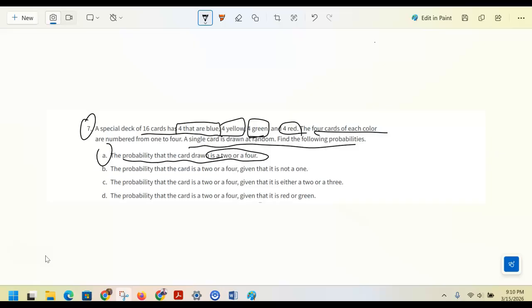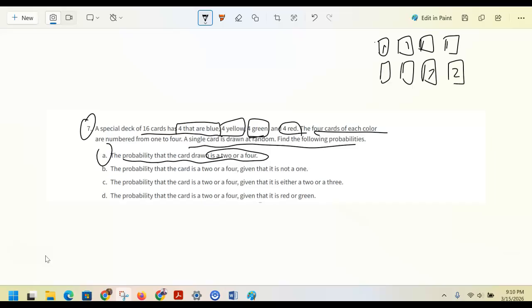That means if I have this card, these are 1, 1, 1, 1 cards, and I think it is better to draw to understand. These are 2, 2, 2, 2 cards, and these are 3, 3, 3, 3 cards.